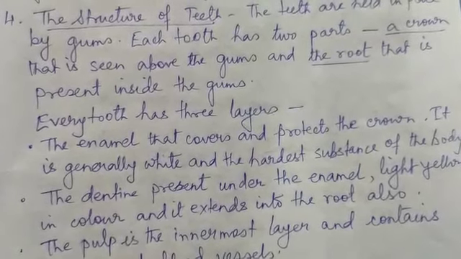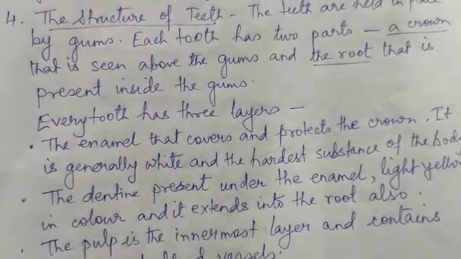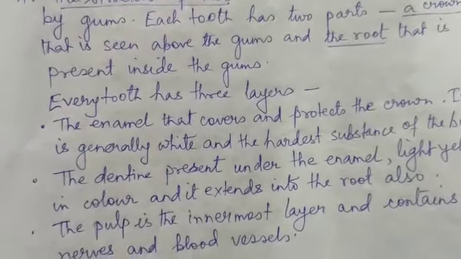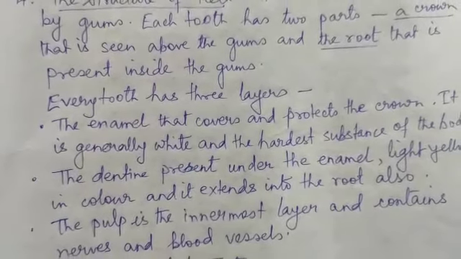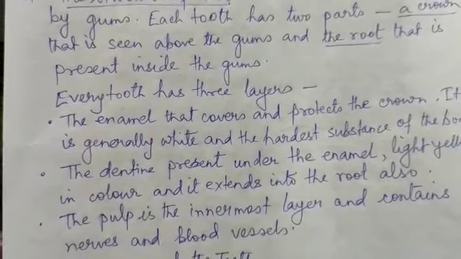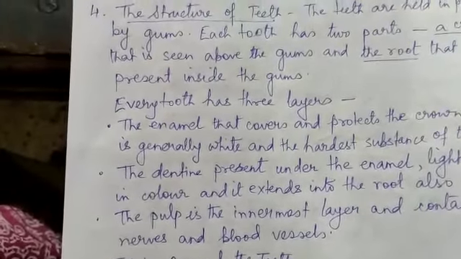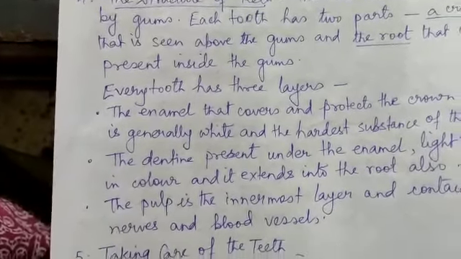The innermost layer is the pulp. It contains nerves and blood vessels. So the 3 layers of the tooth are enamel, dentine, pulp.